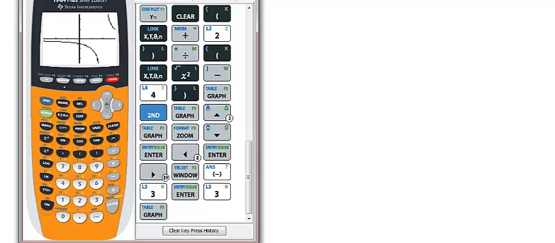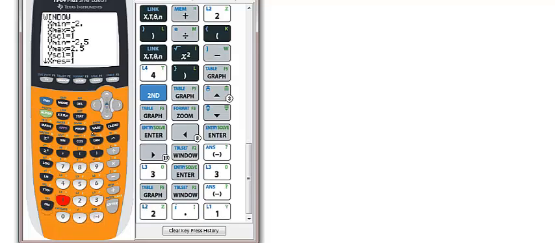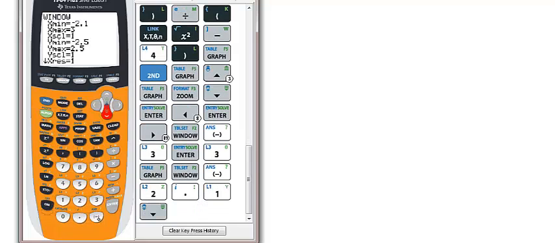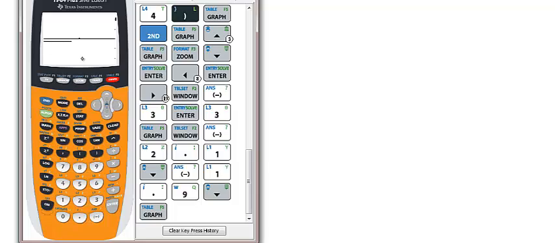So anyway, if we zoom in really, really close, so here, let's make it go from negative 2.1 to negative 1.9, and that should probably be good enough. So here's negative 2 right here. There we see it.